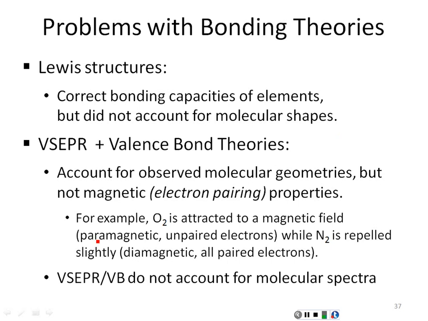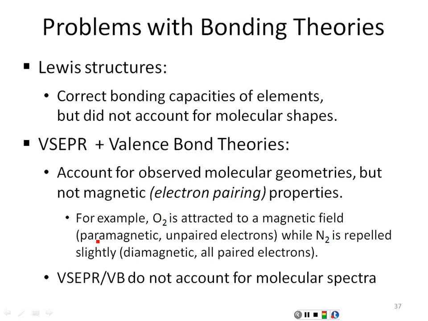It has unpaired electrons. And N2, nitrogen gas, is repelled, so it's what's known as diamagnetic. All electrons are paired in N2. But using valence bond and VSEPR theories, we have no way to account for that observation.